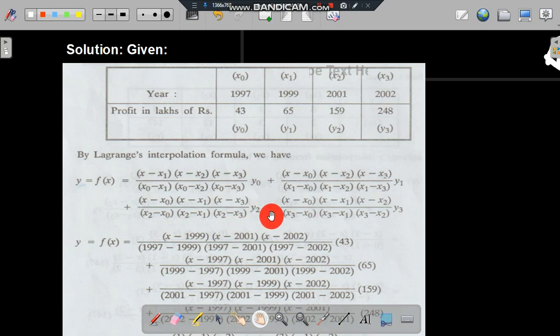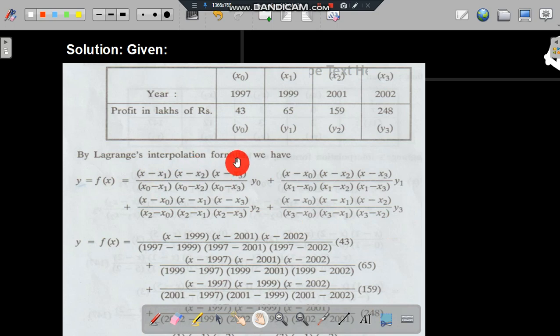The last term is (x minus x0)(x minus x1)(x minus x2) divided by (x3 minus x0)(x3 minus x1)(x3 minus x2) into y3. So this is what we call Lagrange's interpolation formula.